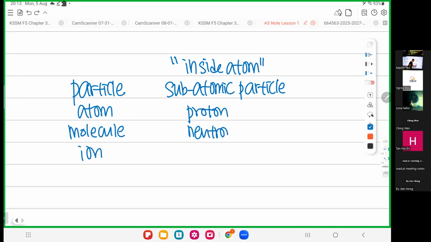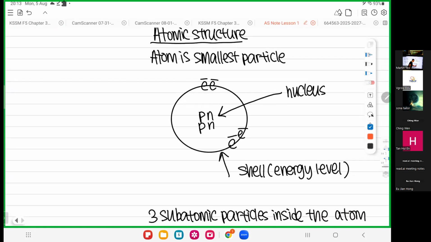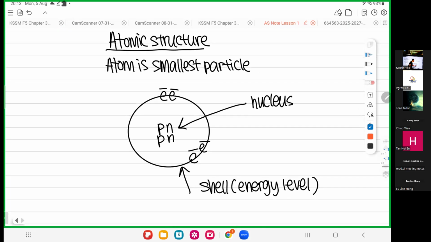Atom is the smallest particle; nothing smaller than an atom exists. But if you go inside the atom, you are able to find something called subatomic particles. So please make sure you know the differences between particle and subatomic particle.